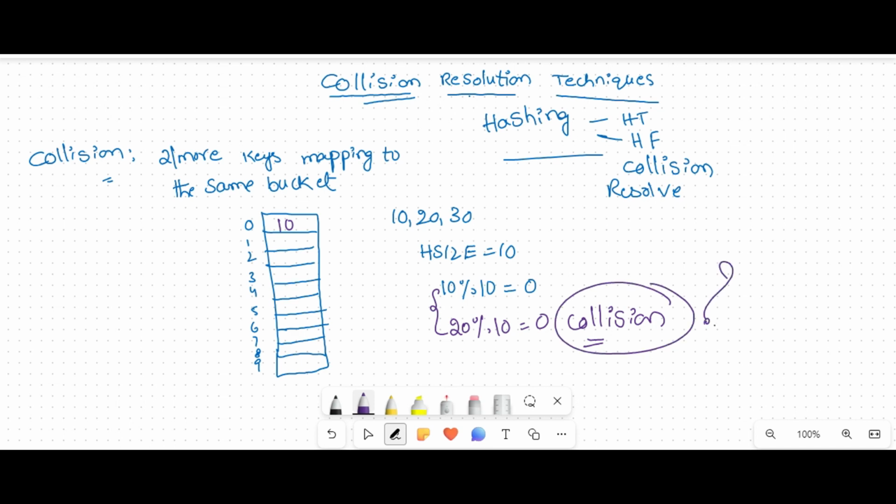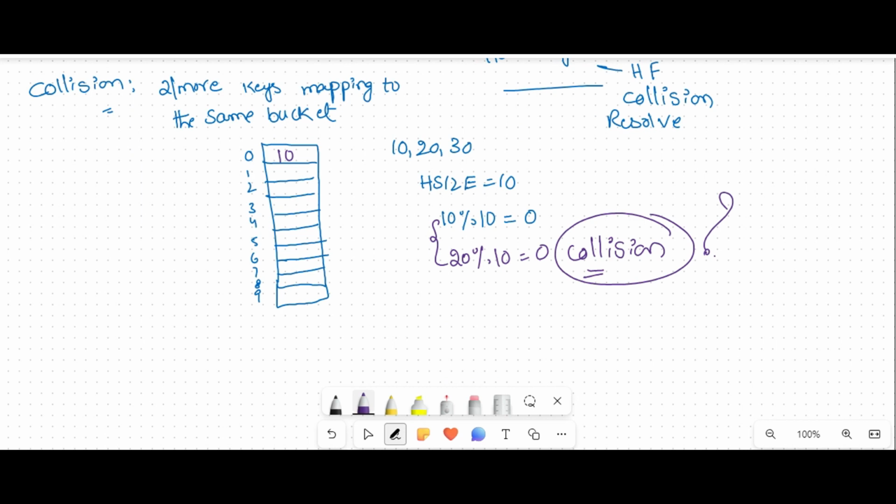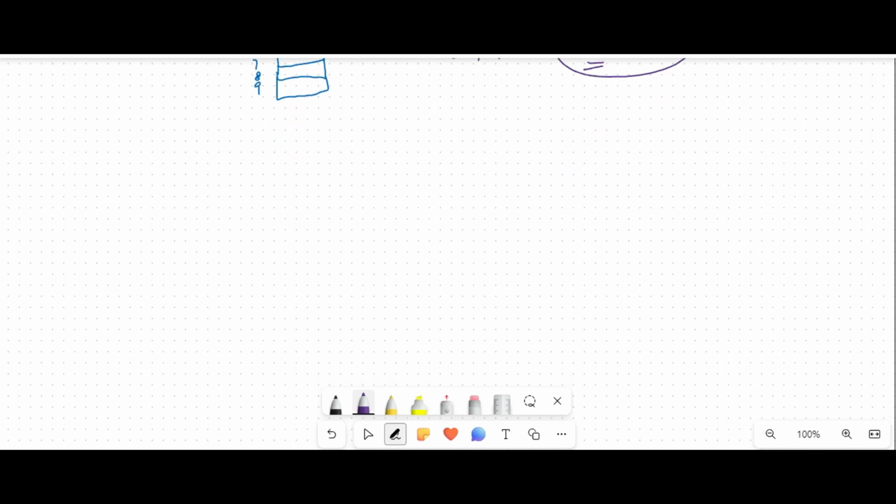These collisions are resolved by using collision resolution techniques. Now, what are collision resolution techniques? Collision resolution techniques are mainly divided into four categories. What are they?